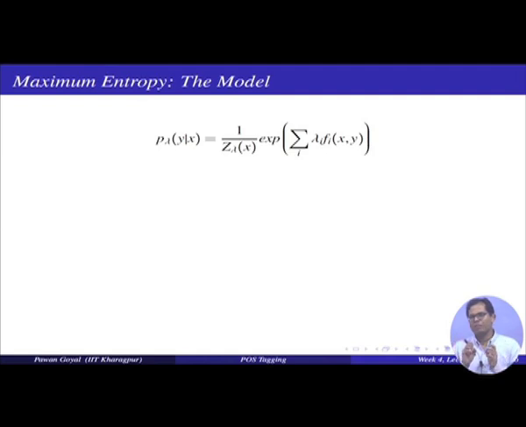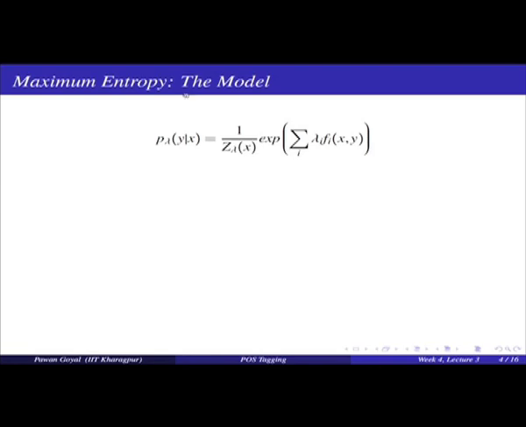You can define your context while you are dealing with maximum entropy modeling. You are saying that I can use all this information in my features. Given this, I want to compute the probability of my class. And these are discriminative models, so I can directly compute the probability of class given the observation. So I can compute y given x.